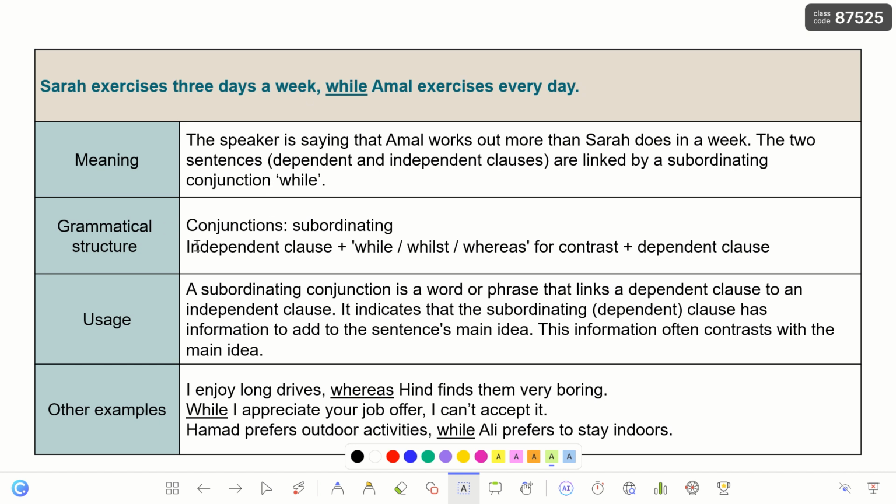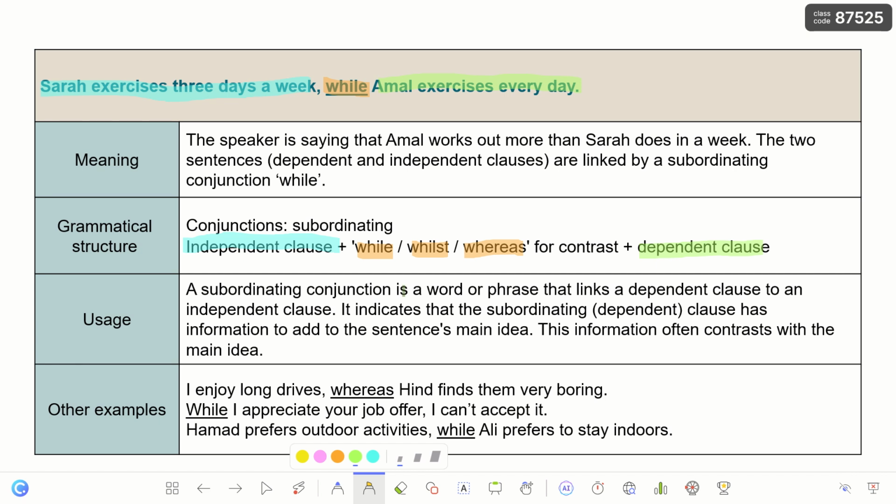So when we use coordinate conjunctions, we use independent clauses. This is the independent clause. We use a subordinating conjunction. This one could be while, whilst, it has the same meaning, whereas to compare, for contrast or to compare two things, then I have the dependent clause, the part that doesn't stand by itself.